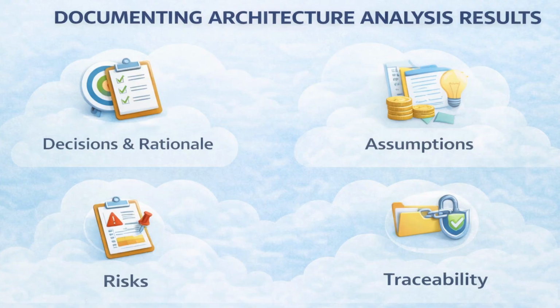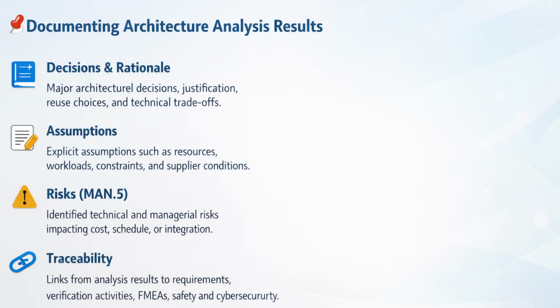And now let's look at how architecture analysis results should be used and documented. This is important because architecture analysis usually combines multiple methods such as reviews, FMEAs, simulations or calculations, and each of them produces valuable information that must be managed and made accessible.